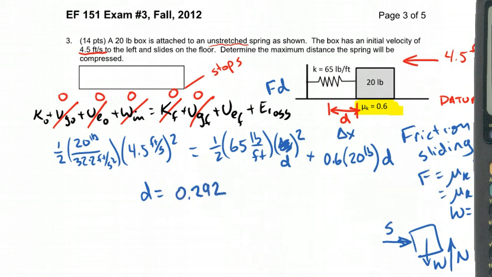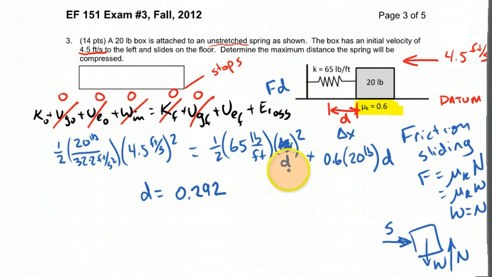The units of D, everything should be in pounds and feet for our energy terms. So D right here will need to be in feet, and D right here will need to be in feet. So it comes out as feet right here. Okay, 0.292 feet.